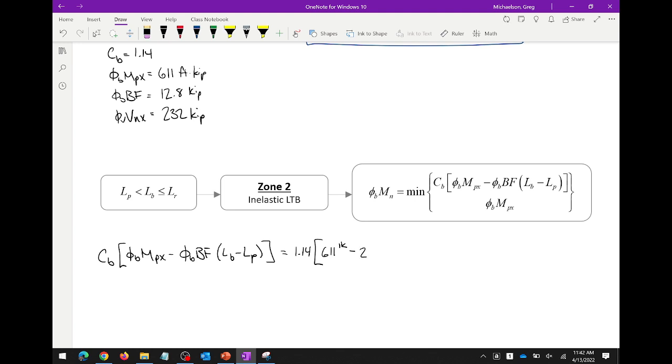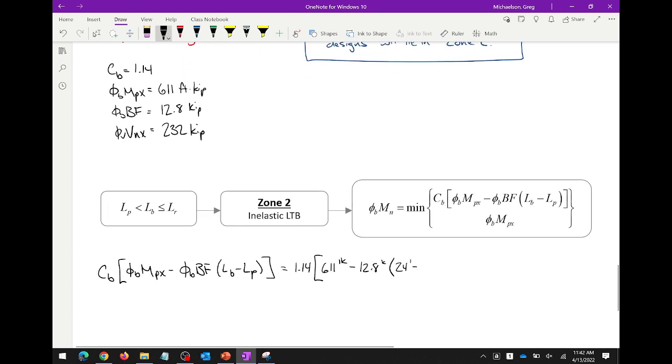That's 12.8 kips. This was 24 feet minus, what was Lb? 9.22. And so what do we get for this? 480.9.